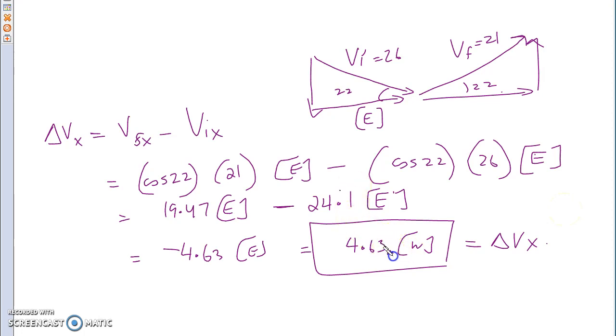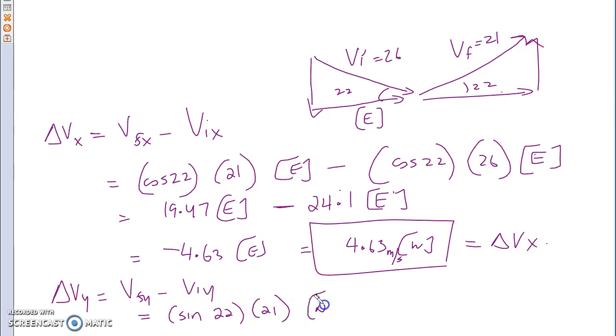All right, now we're going to do the same thing with the Vy component. So delta Vy, which is Vfy minus Viy. Vfy, of course, is sine of 22 times 21, and that is going north.